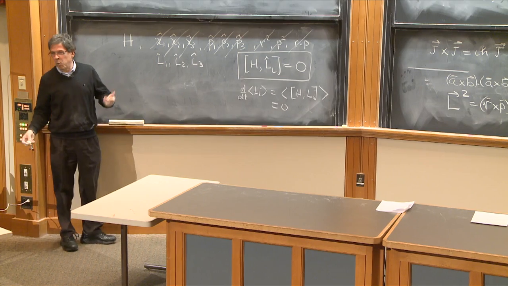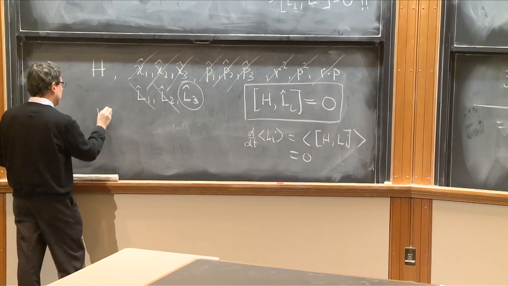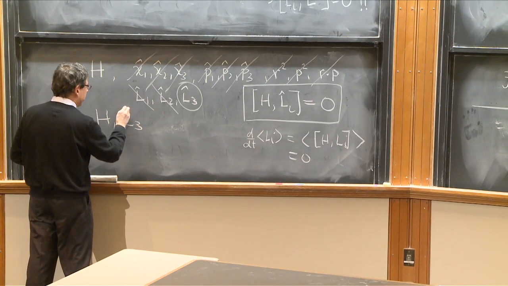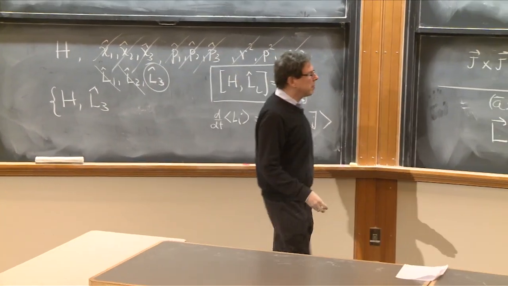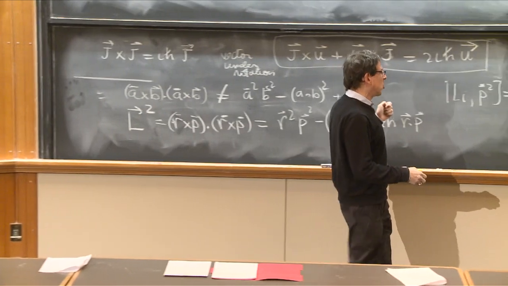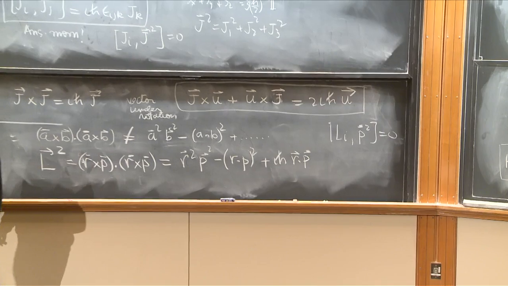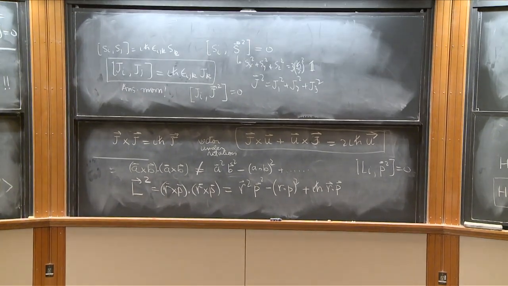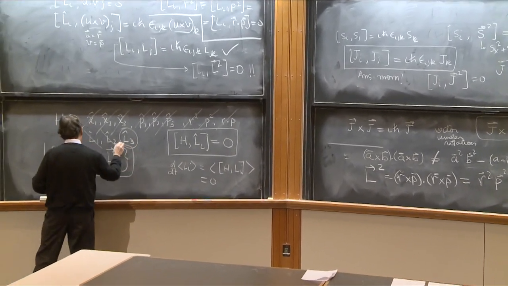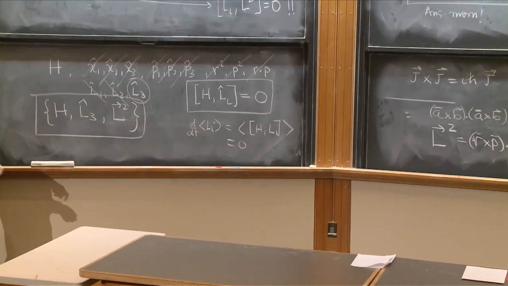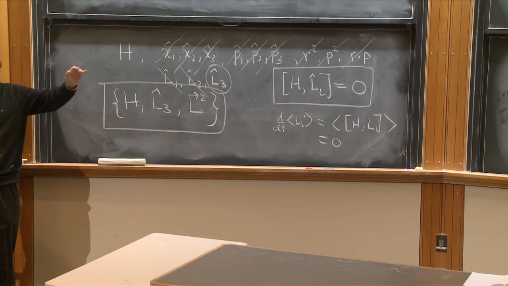So you're going to add one, and everybody has agreed to add L3. So you have H, L3, and happily we have one more, L squared. Remember, L squared commutes with all the Li's, so that's another operator. And for a central potential problem, this will be sufficient to label all of our states.